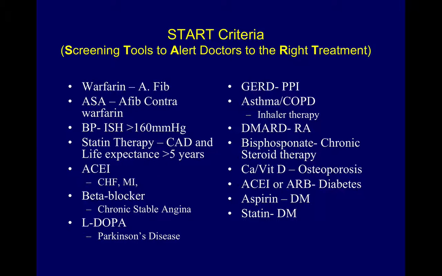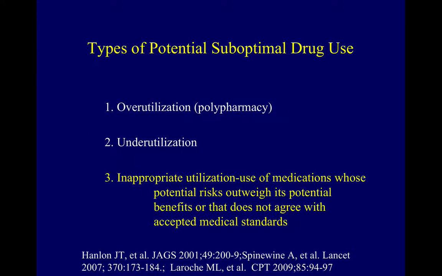A lot of these are pretty self-explanatory, but sometimes they get missed. Making sure somebody who's elderly, a postmenopausal woman, is getting some type of calcium supplementation, getting a DEXA scan, and whether or not they need a bisphosphonate for chronic therapy. And so those are just teaching tools.